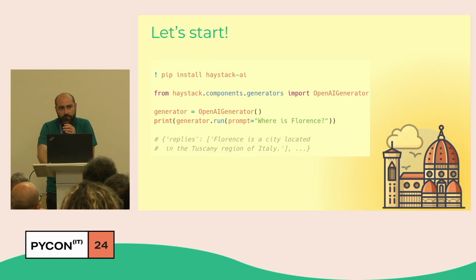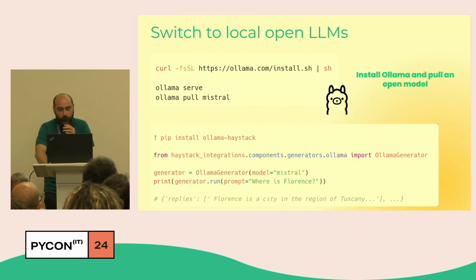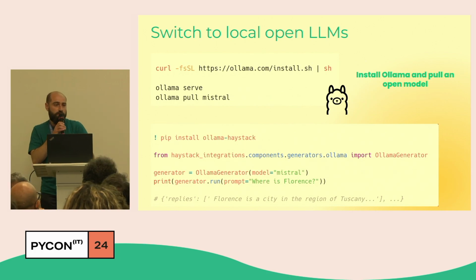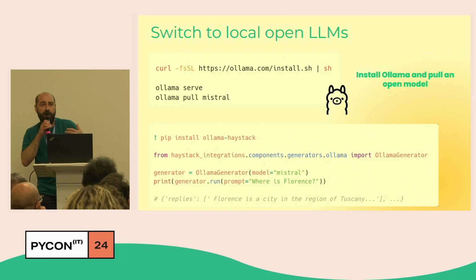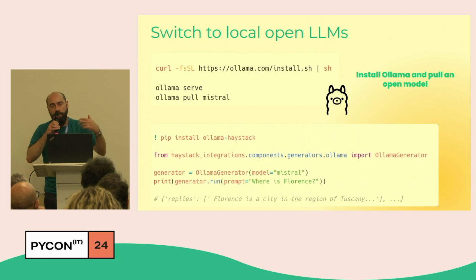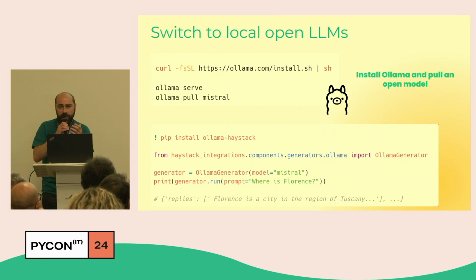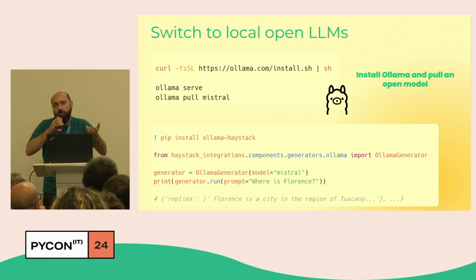All good, but we are at PyCon. We like open source, so why not switch to open models? You can do that easily using this project called Ollama, which is akin to Docker for language models. It is based on another project called Llama CPP, but the idea is that you can use a quantized version of this model, and it can run easily on your machine, even if it is a standard machine.